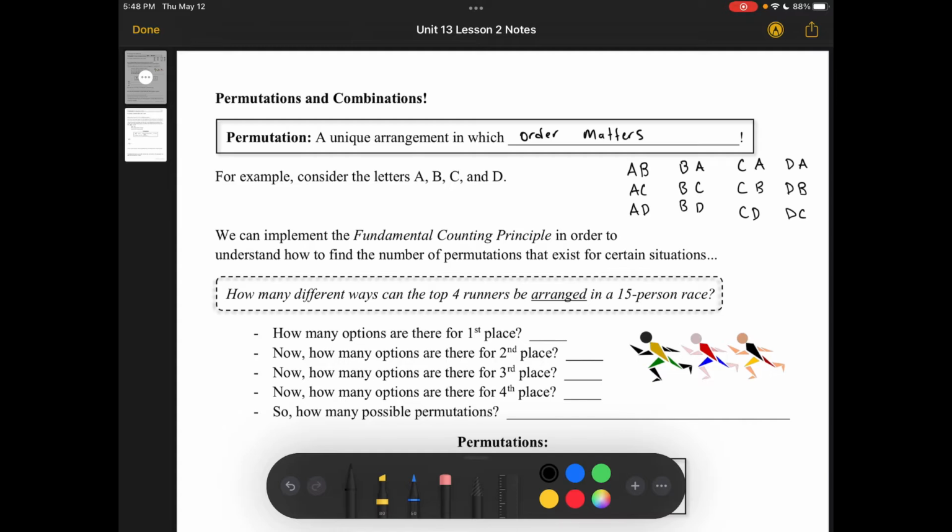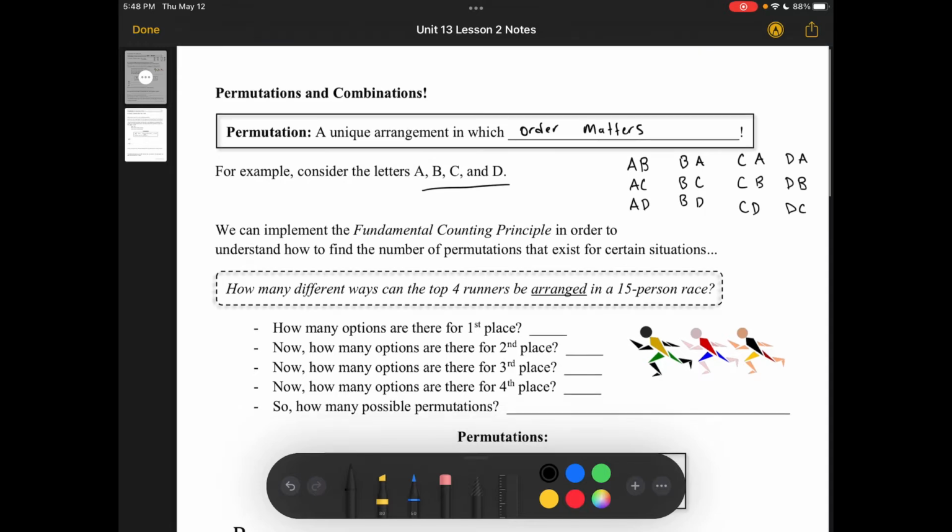Now, with something simple like this, it's pretty easy to tell how many of each there are. But when we get more complicated, we want to know how to do this in general, and that's going to save us some time. So let's think about how many different ways we can arrange the top four runners in a 15-person race. Suppose that no one's finished yet, and we've got 15 options for first place. Once that first place is taken, there are now 14 people left that could come in second place.